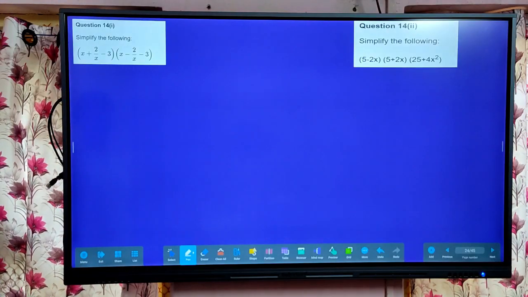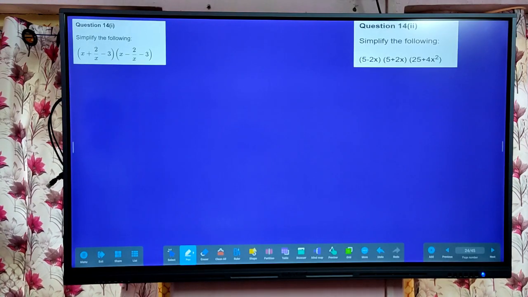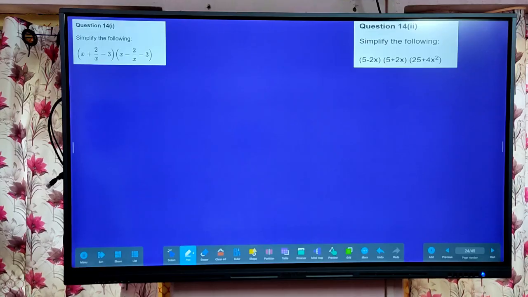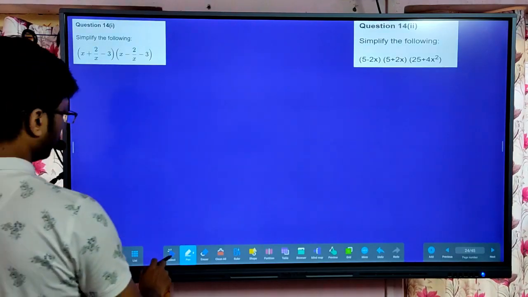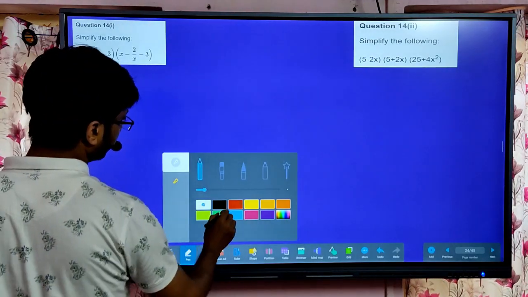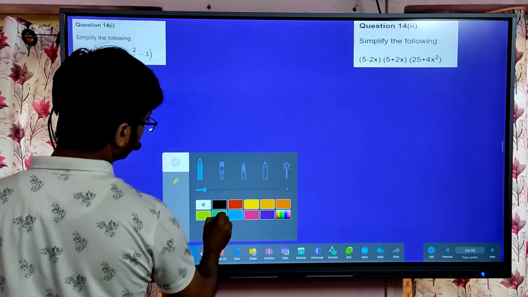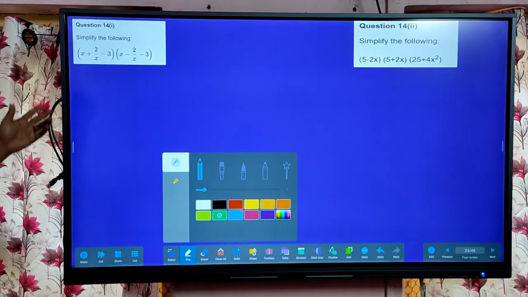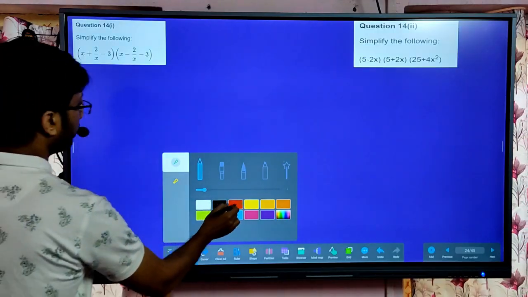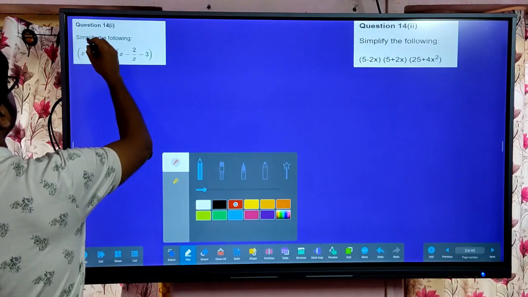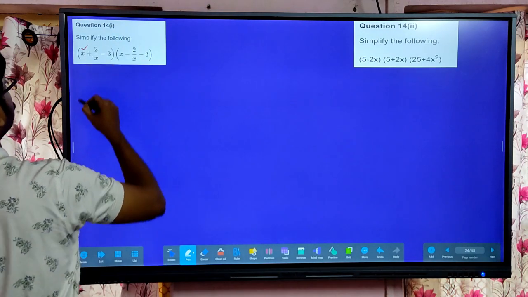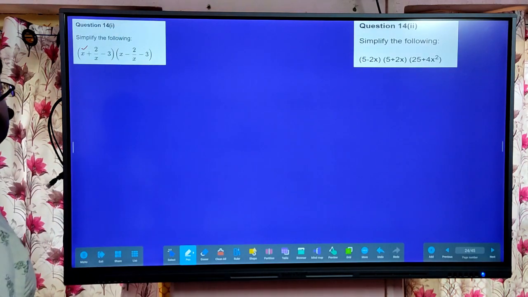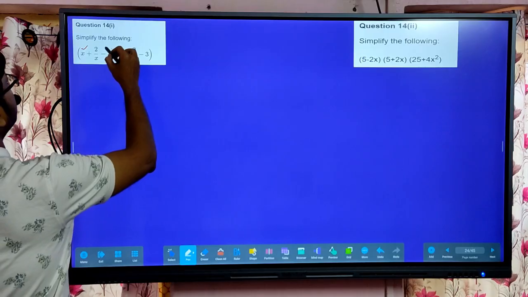Again, 3 terms. So here also you have to take common. Common means you find out which terms are having similar sign. So x is there, then minus 3 is same.